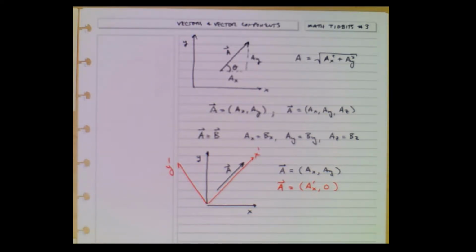So these two expressions for A nevertheless reflect the fact that it is one vector. They are the same. This is not to say that ay is 0 or ax equals ax prime. That is not correct, as you will learn as we work with vectors and various coordinate systems. But I did want to use this to point out that a vector is what it is, regardless of the coordinate system in which it is represented.